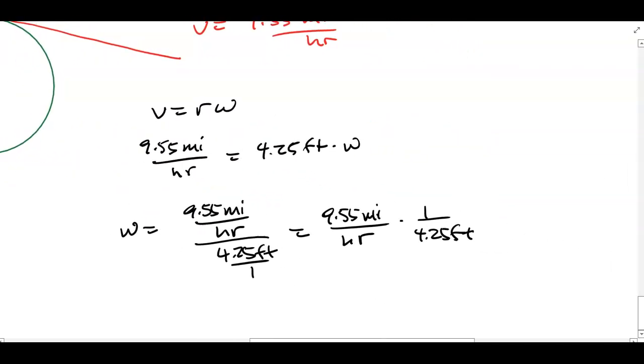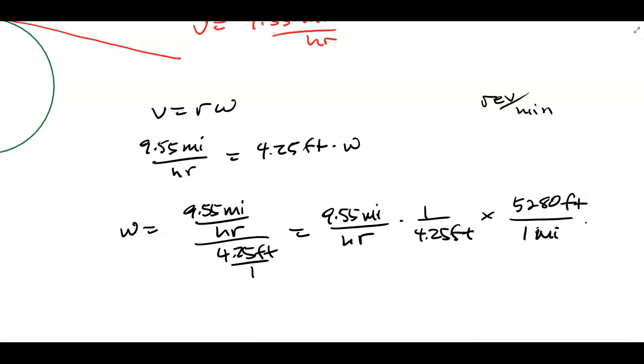So what we need here, then, is to convert all this. We need revolutions per minute. So if I convert now miles, there's 5,280 feet in 1 mile.